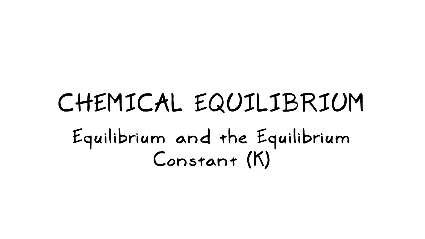So we have other scenarios where after getting products from reactants, we can reverse the reaction and get back our reactants. So reactions that go to completion are called irreversible reactions. We can't reverse them.